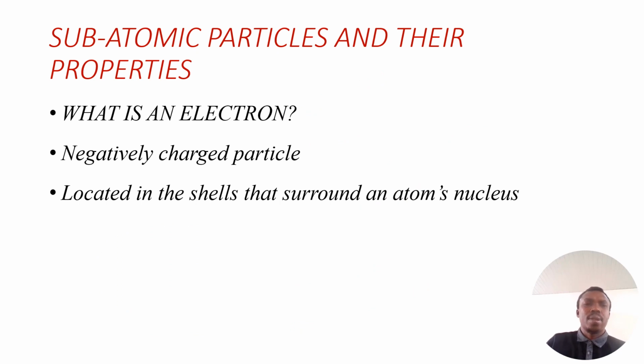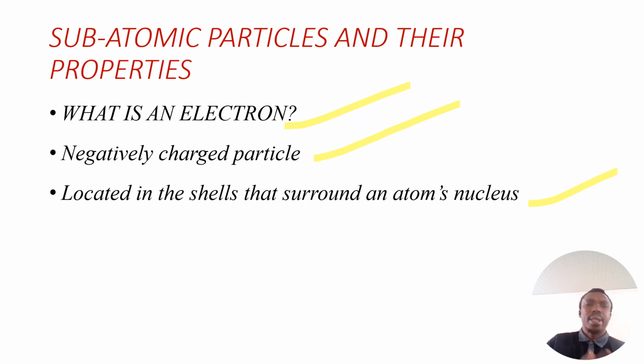So the next one is the electron, which is also a subatomic particle. I want to look at an electron as a subatomic particle and its properties. Now, what is an electron? An electron is a negatively charged particle located in the shells that surround an atom's nucleus.